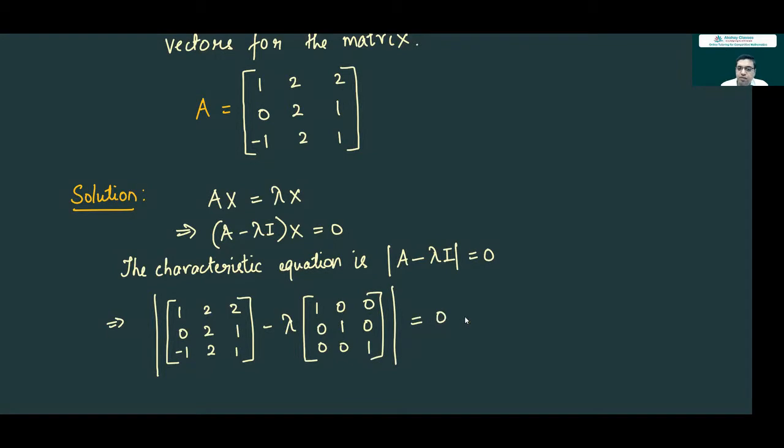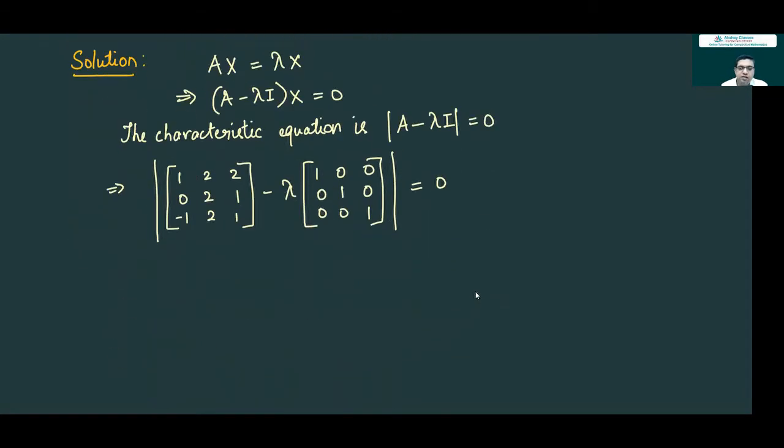This is equal to 0. So you get determinant of 1 minus lambda 2, 2, 0, 2 minus lambda 1, minus 1, 2, 1 minus lambda.